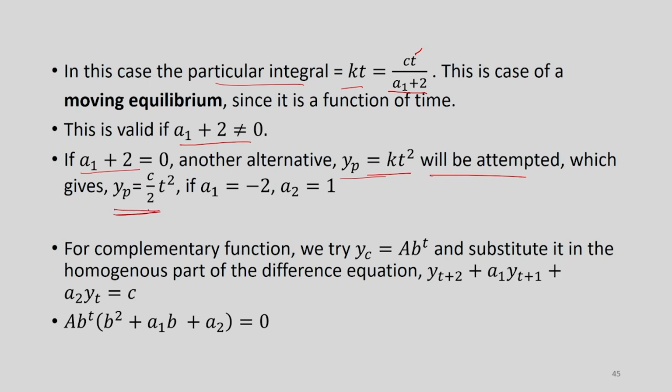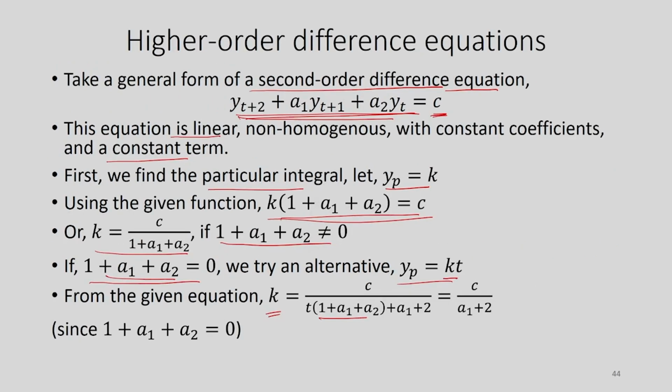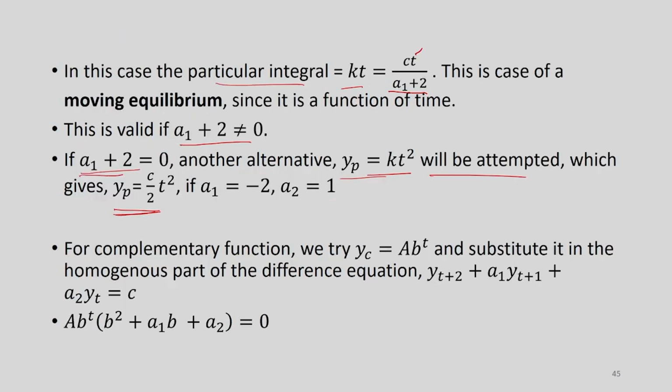Therefore, yp is equal to c divided by 2 multiplied by t square. This is the case where both conditions are satisfied, and these two conditions give me a1 is equal to minus 2 and a2 is equal to 1. So, this is the case of the particular integral.